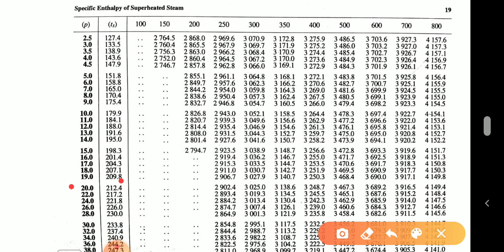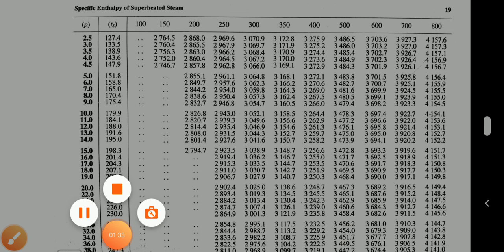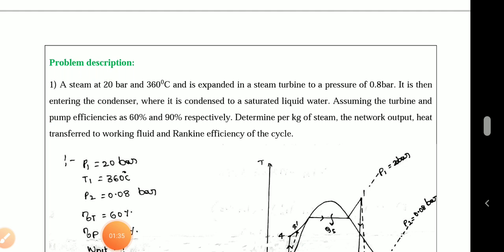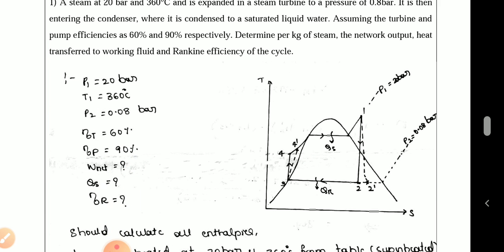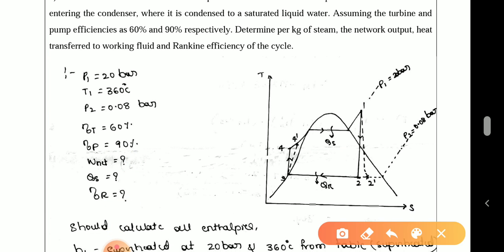But in the problem, the temperature given at 20 bar is 360 degrees Celsius. So it is above the saturation temperature, and obviously state 1 lies in the superheated region. So now draw the TS diagram.